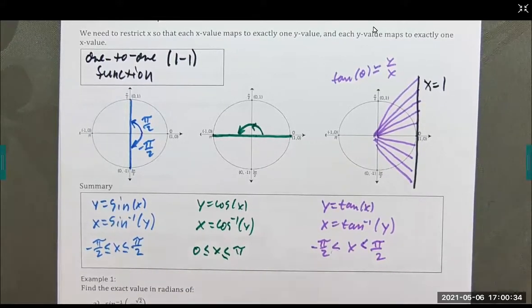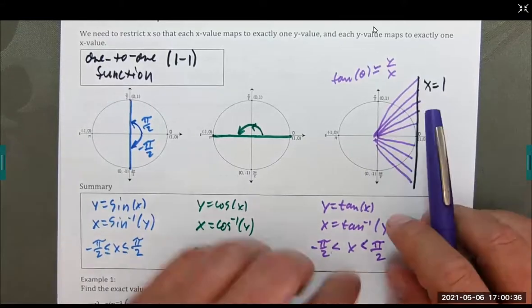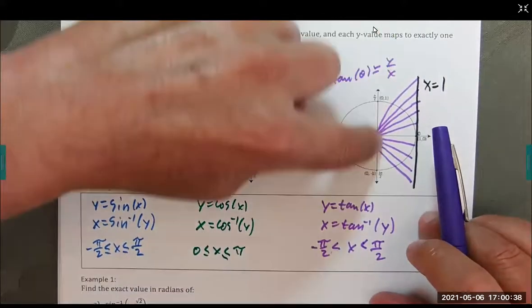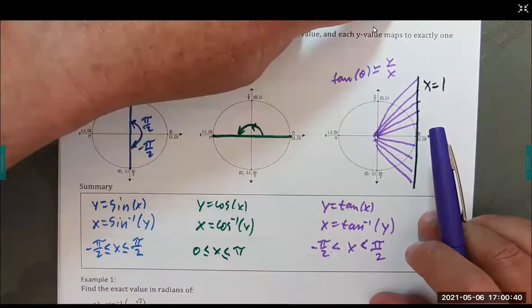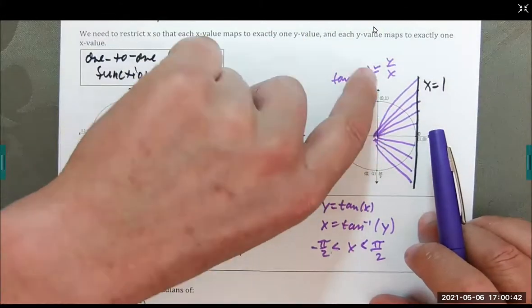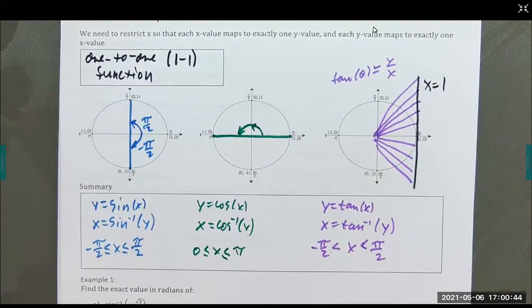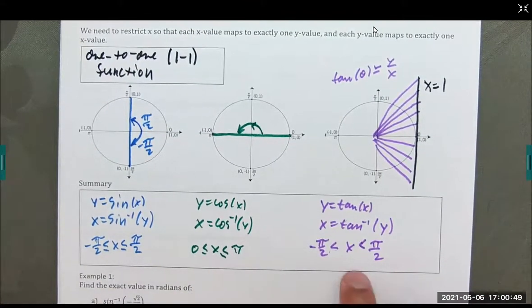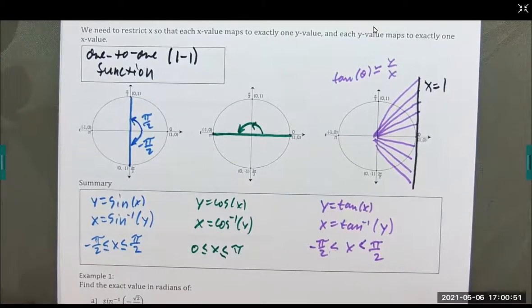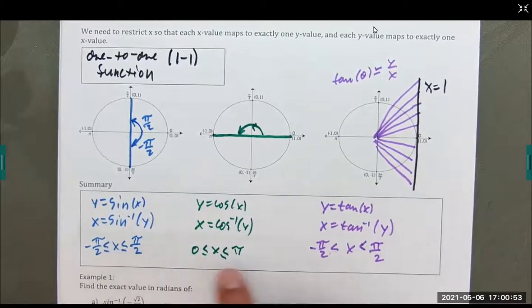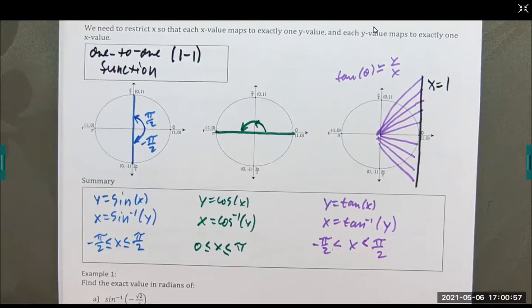Negative pi over 2 and pi over 2 can't exist. Do you see that as this gets longer and longer and longer, y is going off to infinity and x is becoming 0. And so neither of those exist. All right, now we need to keep an eye on these boundaries here. It's going to matter. And the difference between sine and tangent, of course, is that pi over 2 and negative pi over 2 can't exist with the sine.